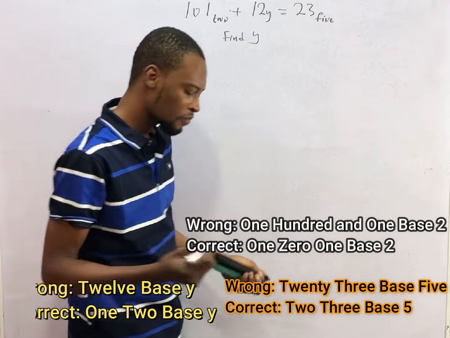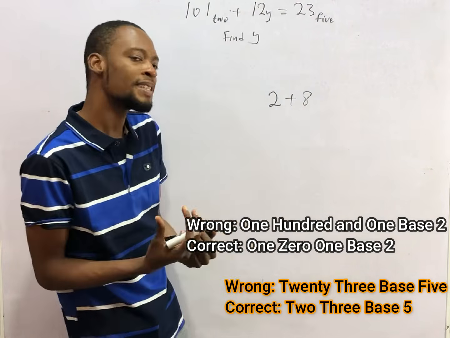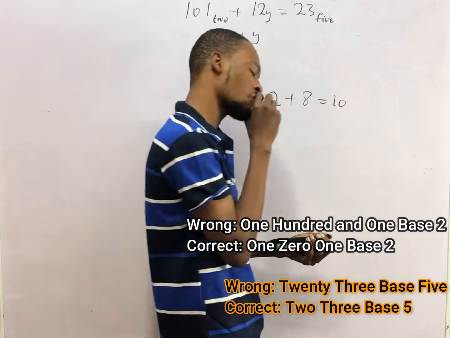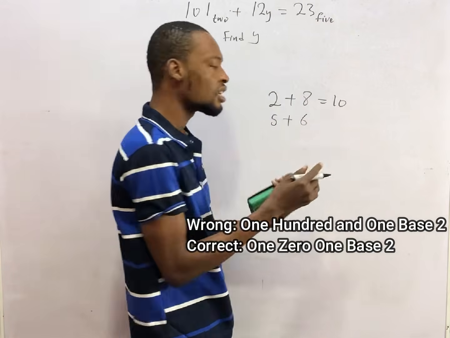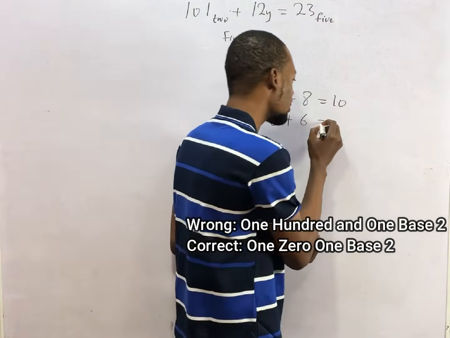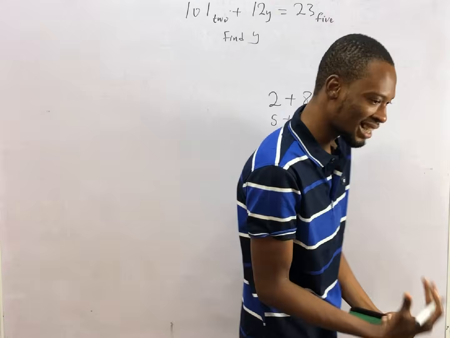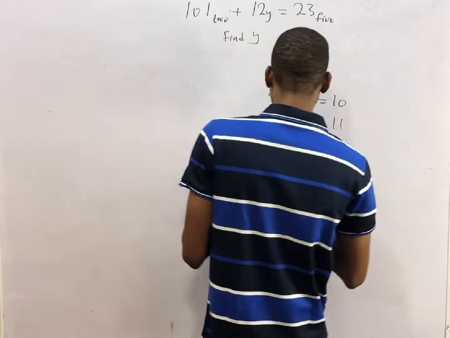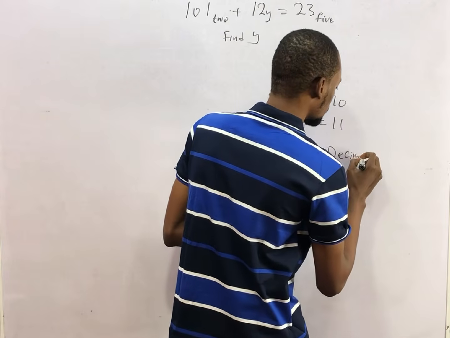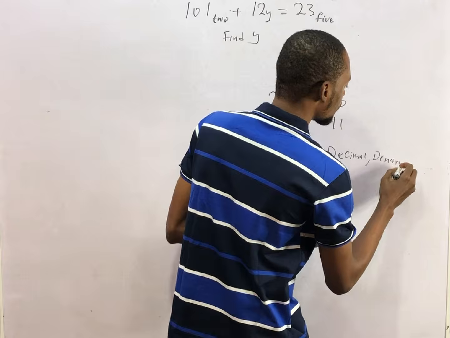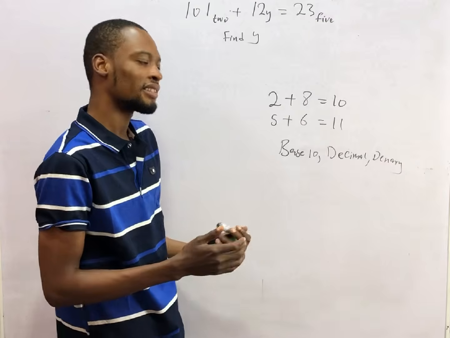Look at something. If I say 2 plus 8, you will simply tell me that 2 plus 8 is 10. If I ask you, what is 5 plus 6? You will simply say 5 plus 6 is 11. Why? Because in our day-to-day counting, we assume base 10, or decimal, or denary. There are other number bases to consider.